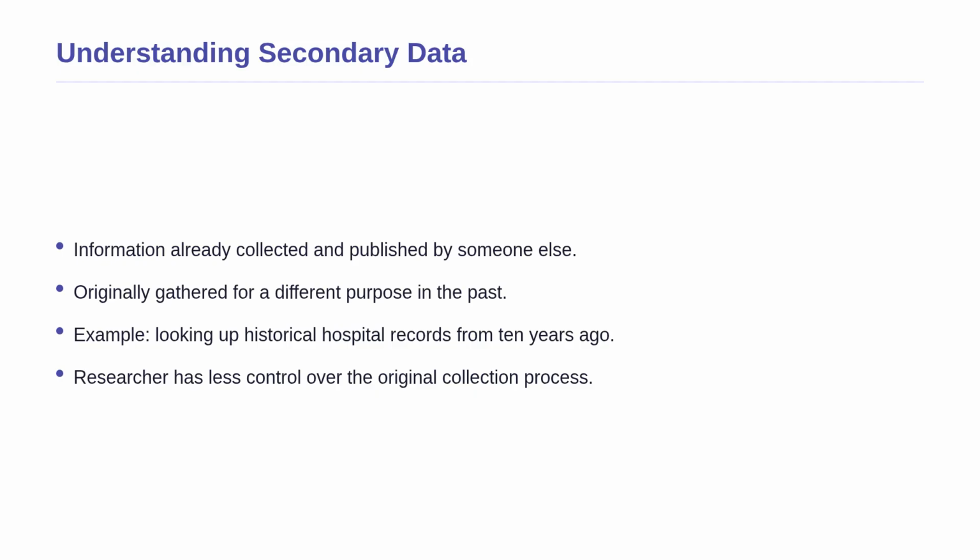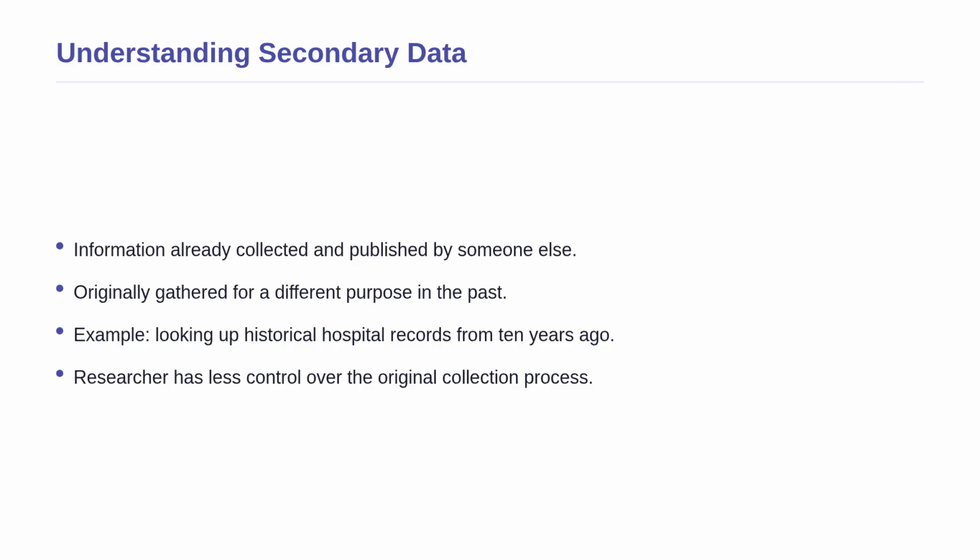In contrast to gathering everything yourself, let us look at the alternative. Secondary data refers to information that has already been collected, processed, and published by someone else, usually for a completely different purpose in the past.